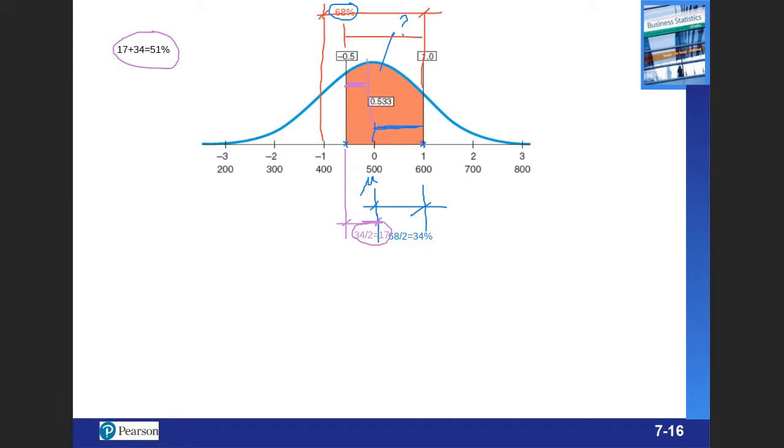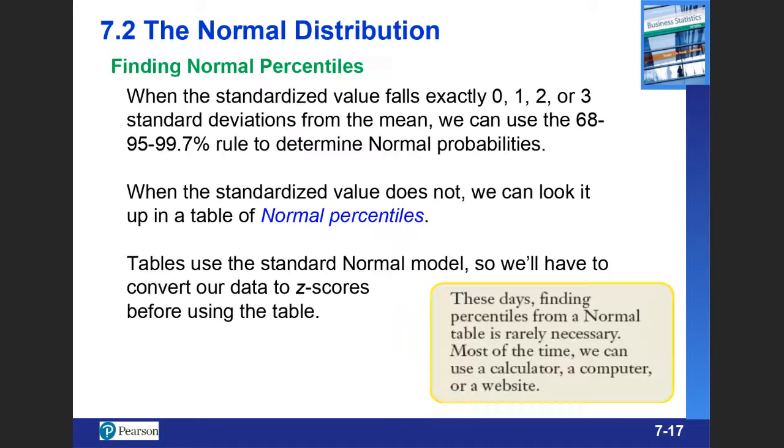So when you have values that don't fall on the standard deviation, then you have to transform it into Z, and then apply it. So that brings us to the next slide. When the standardized value falls exactly 0, 1, 2, or 3 standard deviations from the mean, we can use the 68, 95, 99.7% rule to determine normal probabilities.